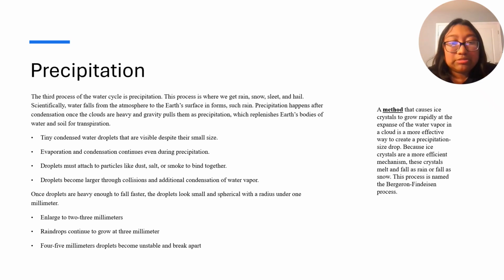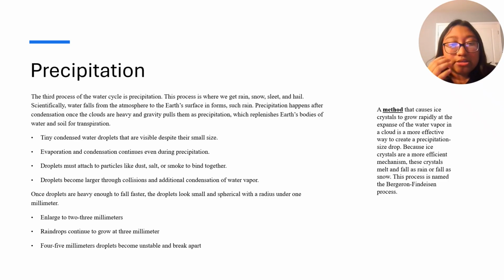Tiny condensed water droplets are visible despite their small size. Evaporation and condensation continue even during precipitation. So even as rain is falling down, evaporation is still happening and condensation is still happening.